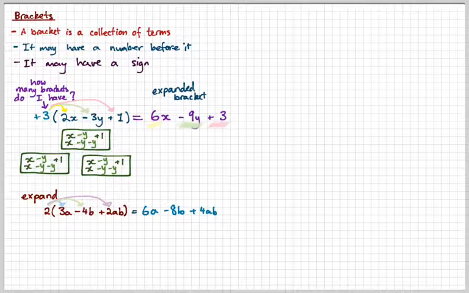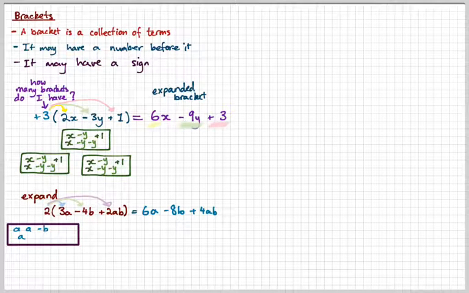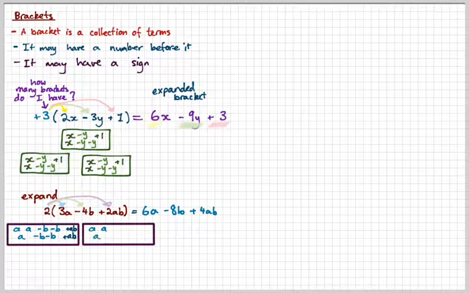If I were to draw this, I could draw the stuff in the bracket inside a box. I have 3a's, I have minus 4b's, and I have 2ab's. You can see all my terms inside this box. The number 2 says I've got 2 boxes.